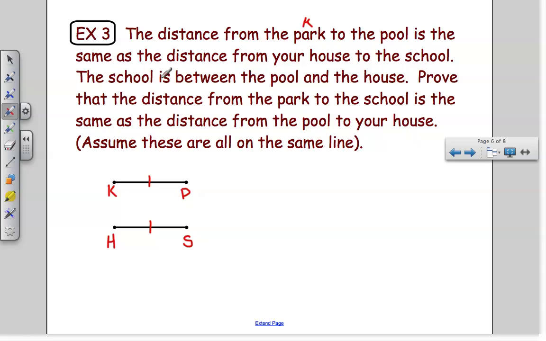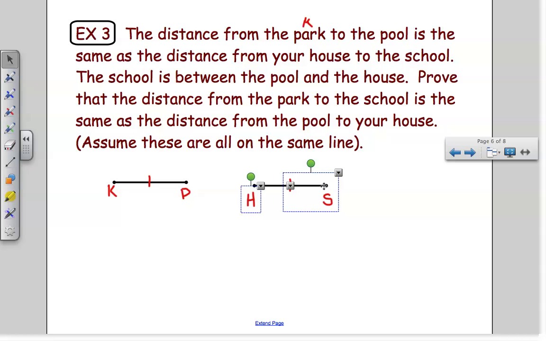And now they said the school is between the pool and the house. I can move this, and remember they're all on the same line, so I'm going to have to put these on the same line here. The school's between the pool and the house. This was my pool. I'm going to have to switch H and S here, so that the school really is between the pool and the house.